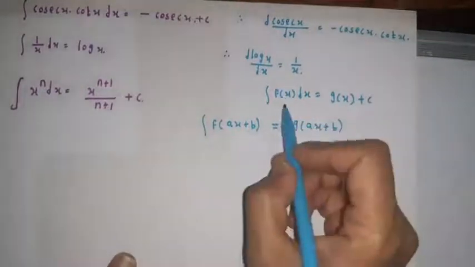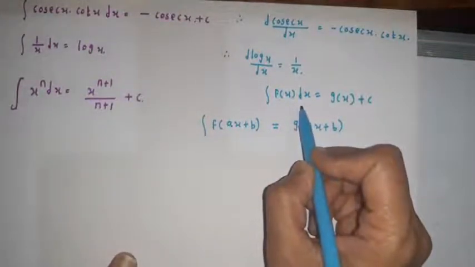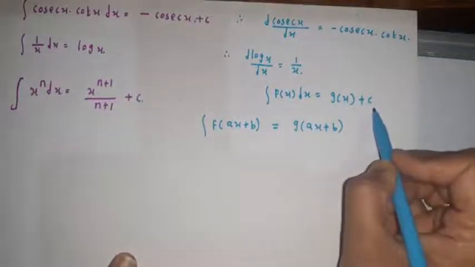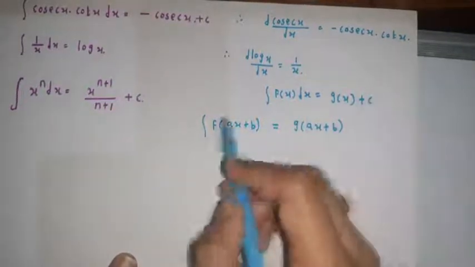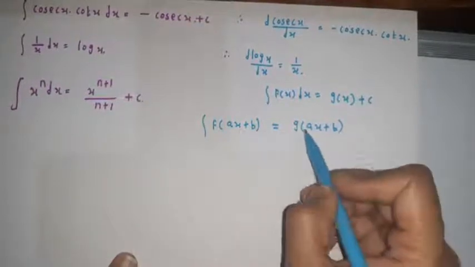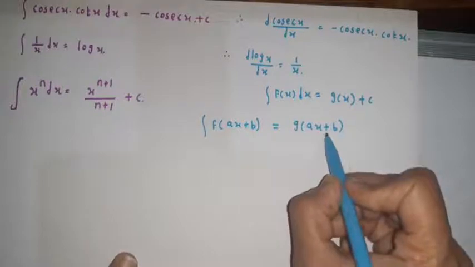Now suppose the integration of f of x with respect to x is g of x plus constant of integration c. Then integration of f of ax plus b is also g of ax plus b.